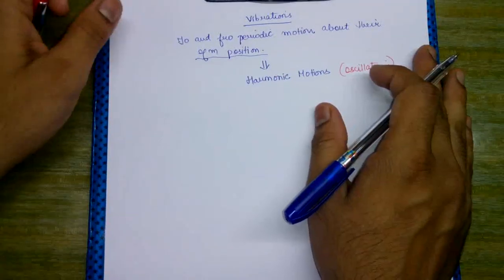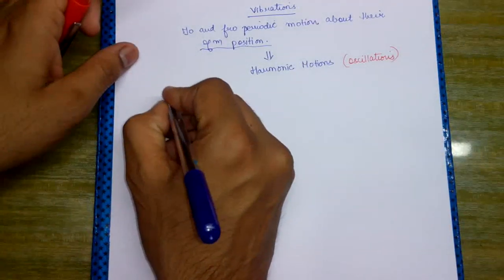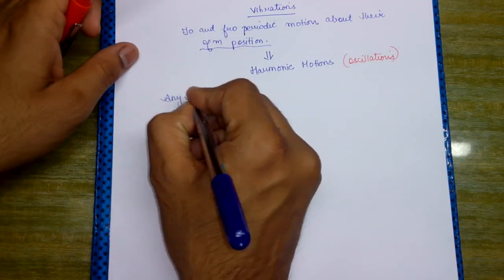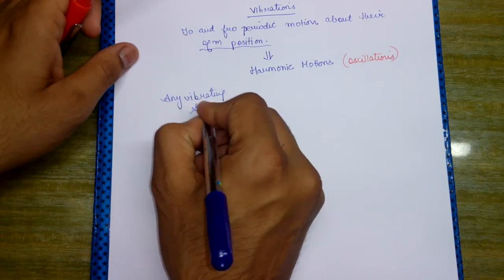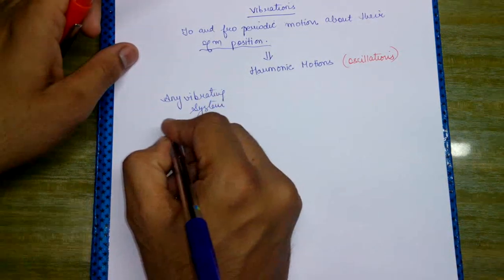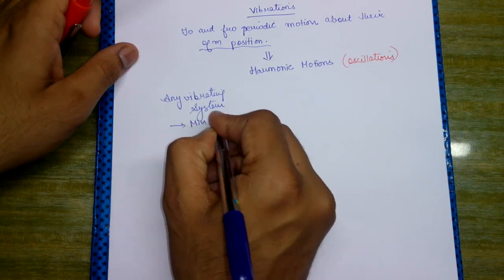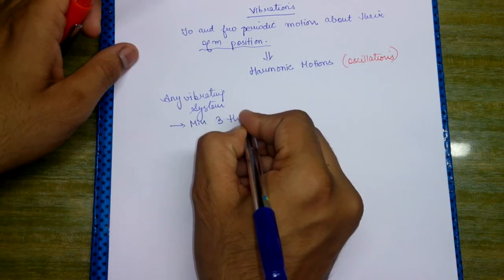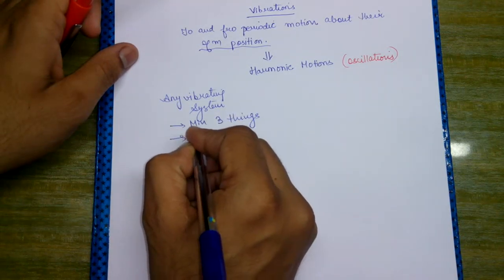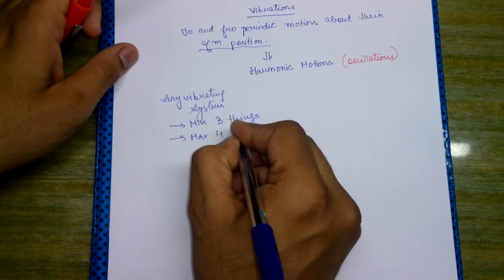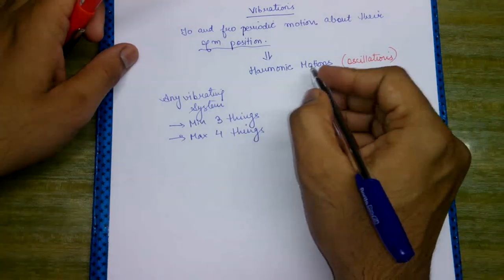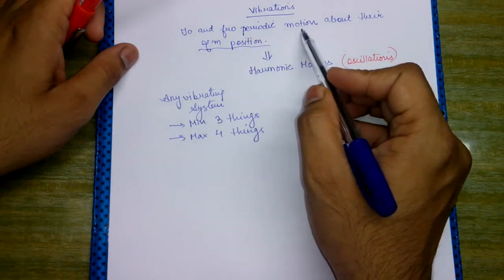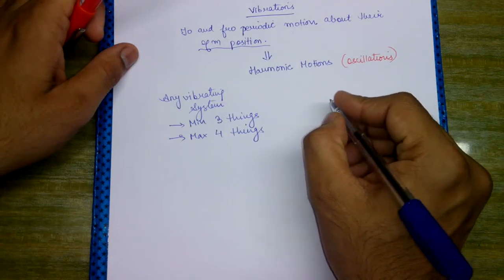Okay, so if we look at any vibrating system, for any vibrating system we have minimum 3 things and maximum 4 things or components. Okay, so what do we mean by mean position or equilibrium position?